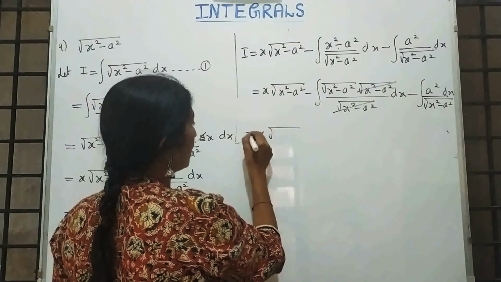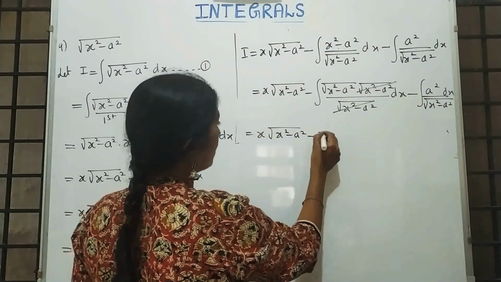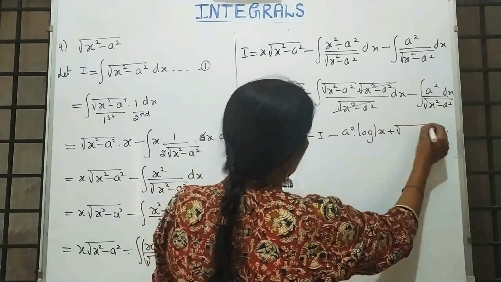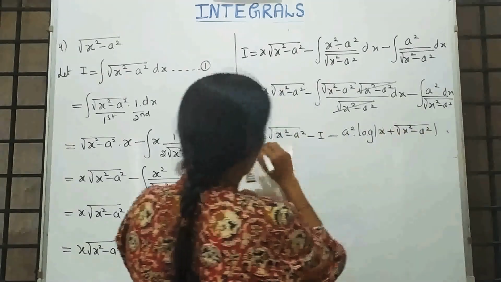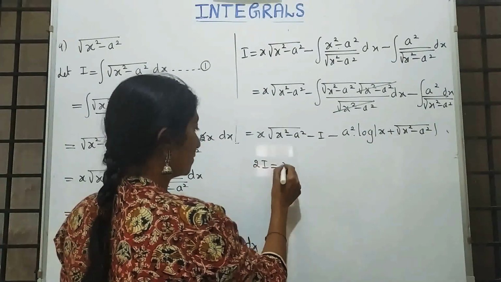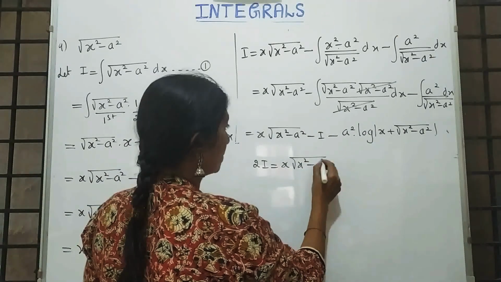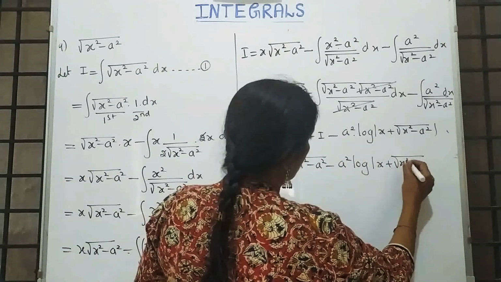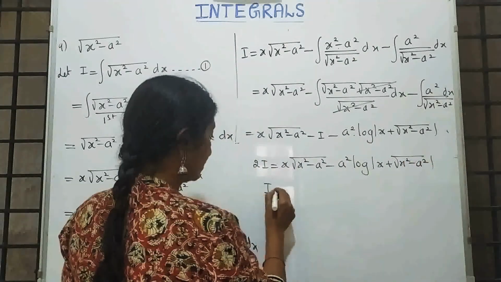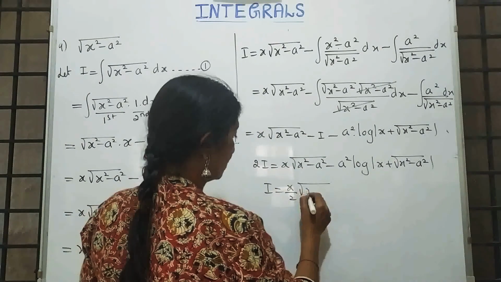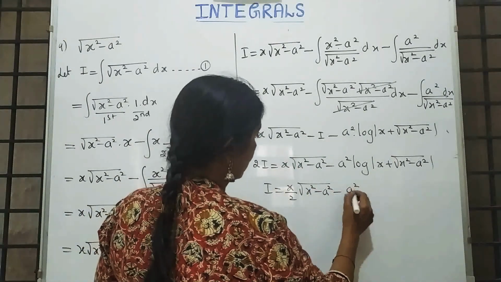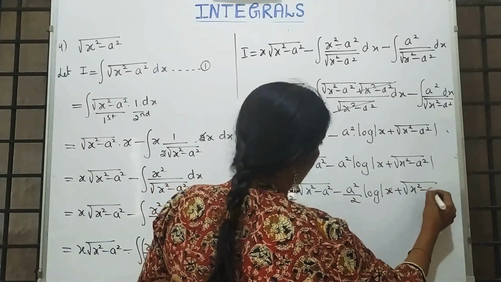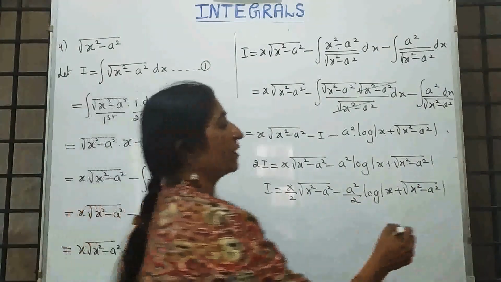That value is I minus a square constant log of, take minus I on this side. So this is the derivation, and lastly we have to write plus c.